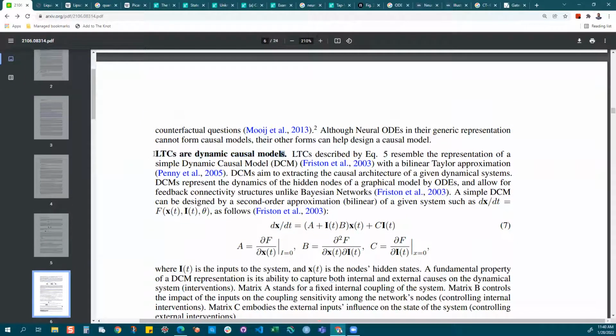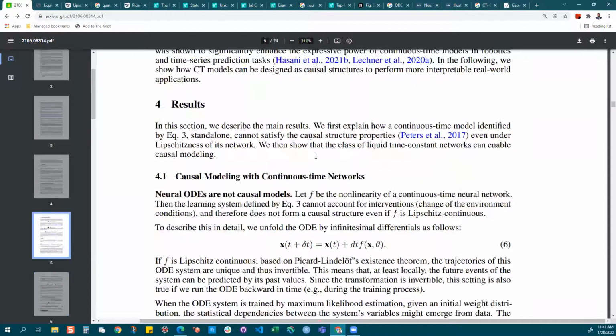They talk about liquid time continuous neural networks, which are dynamic causal models. And this is another paper that they reference here, which is by Friston et al., a 2003 paper, which says liquid time constant neural networks.